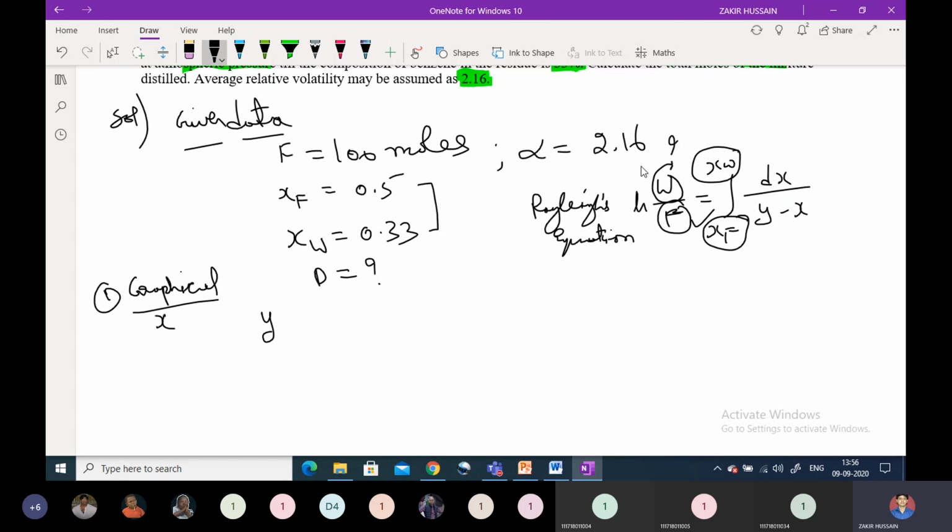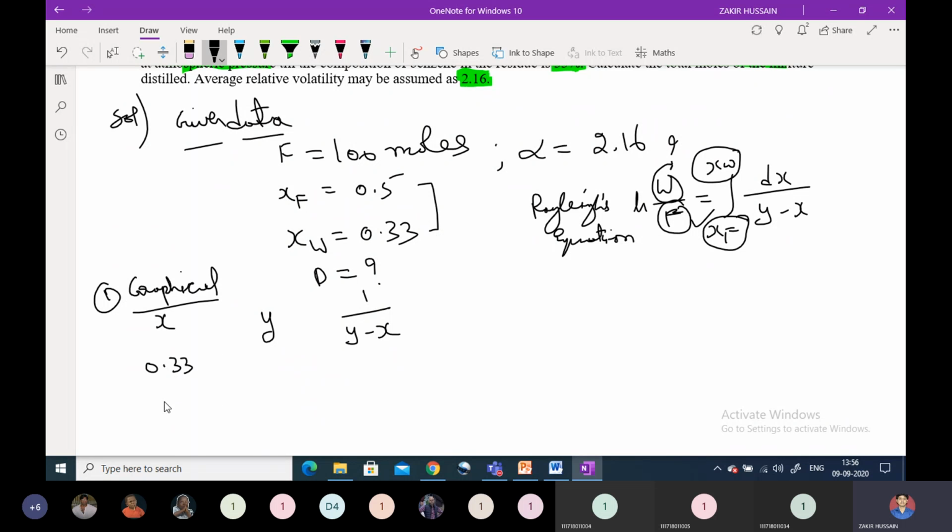So X and Y we need at each interval. According to this equation, for the graphical approach, we need 1 divided by y minus x. So x values, how can we fix them? The distillation operation has to be carried out from 0.5 to 0.33. So 0.33 is the residue composition, this is xw.